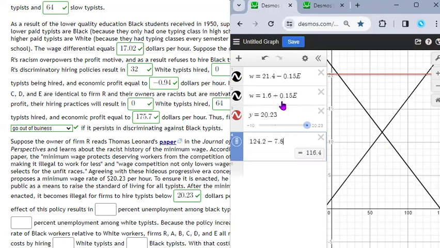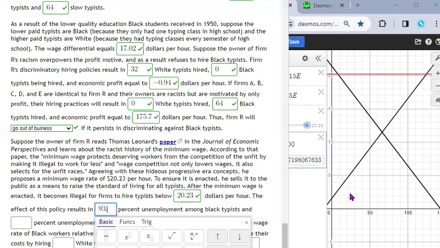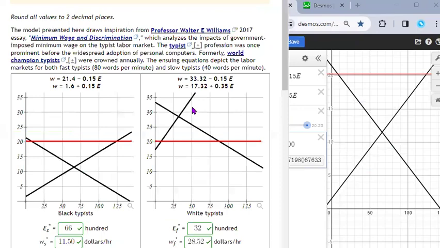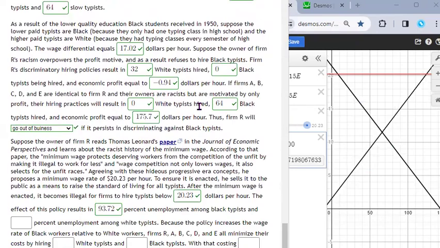We're going to divide that difference by the labor force. So this is the labor force size, this is the employment level, and this difference is the unemployment level. And then we divide the unemployment level by the labor force size and multiply by 100 to turn it into a percentage. And we get 93.72% unemployment in the Black labor market.